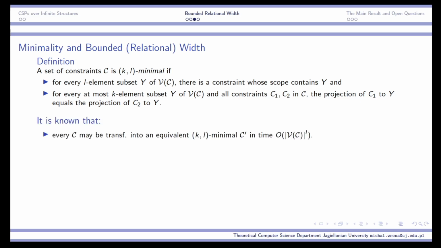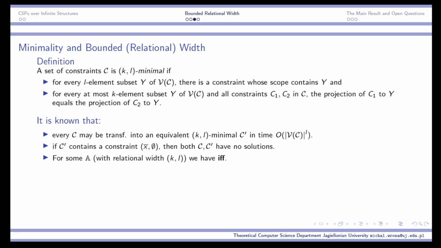It's known that if k and l are fixed, then we can do the whole process in polynomial time. l is in the exponent. And if we end up with an empty constraint, then the original set of constraints has no solutions.